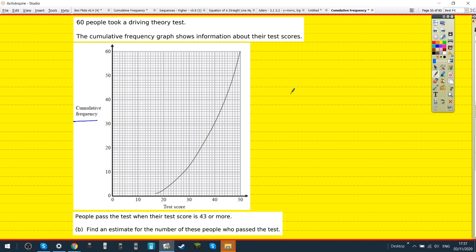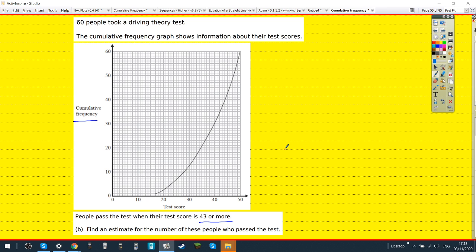How many scored 43 or more? How many people?